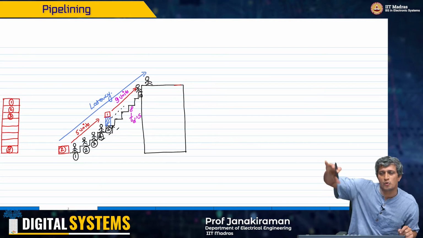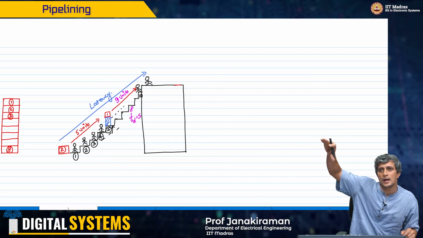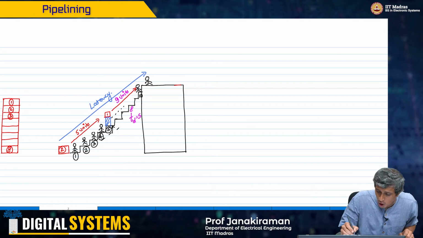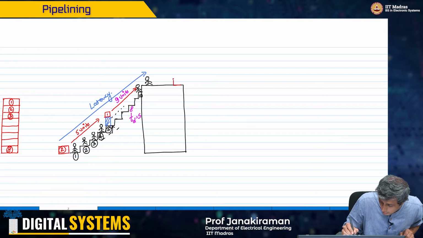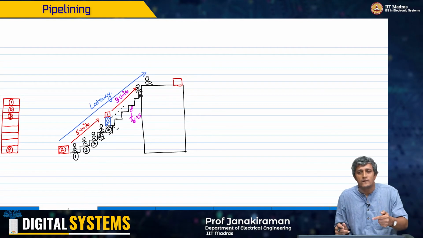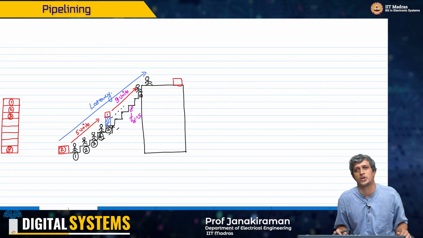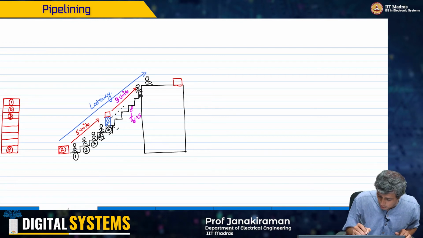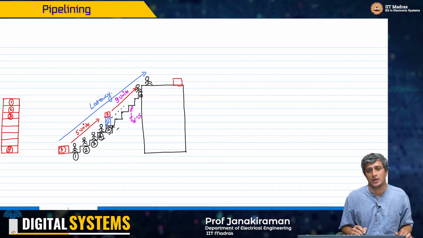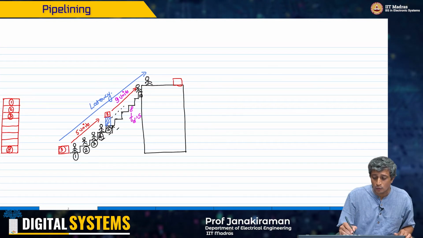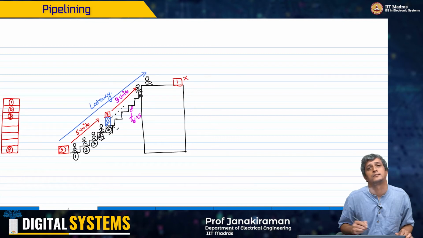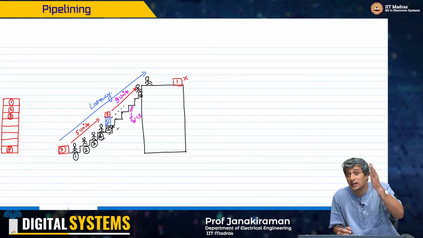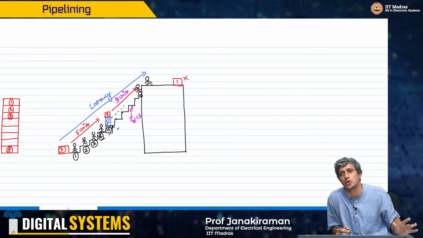Brick 1 is also making its way up, but brick 1 has not reached the top when the third brick comes into the picture here, right? So when this is 2, number 3 comes here, right? The first brick would not have reached this point yet, because it is going to take 9 units of delay to actually get to the top.